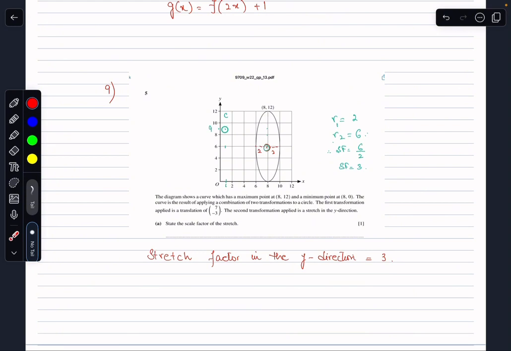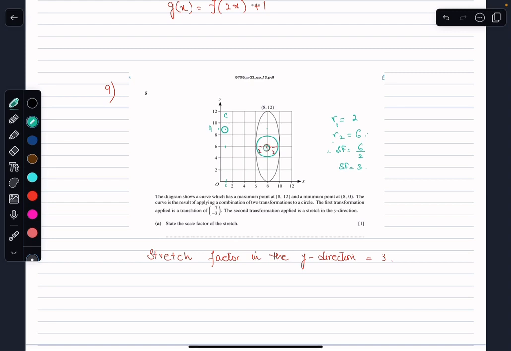So if I locate the center of the ellipse, then the center lies here. And from here in the x direction, I can see that the radius is 2 units, meaning before applying the stretch, the radius was 2 units here, meaning this is how the circle would have been before applying the stretch.